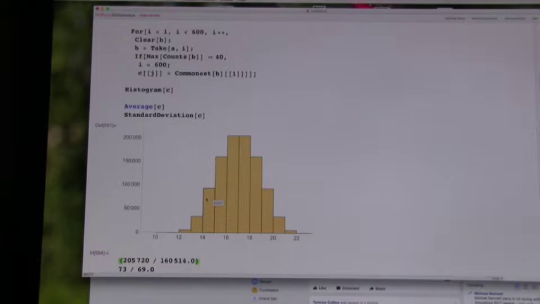And then 14 and 19 were 93,000 times. And you hardly ever saw 12 and 11. In fact, 10 only appeared 3 times. And 23 only appeared 2 times.